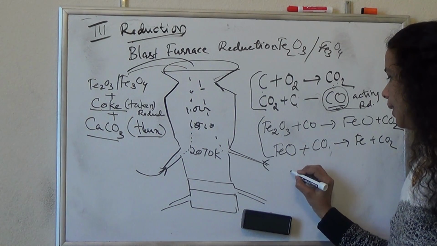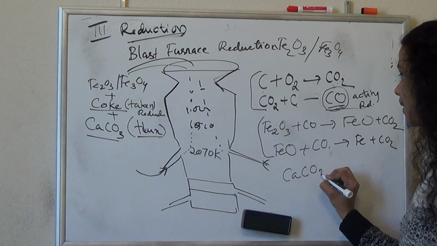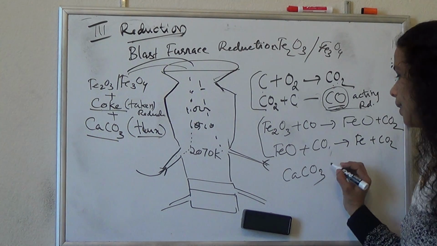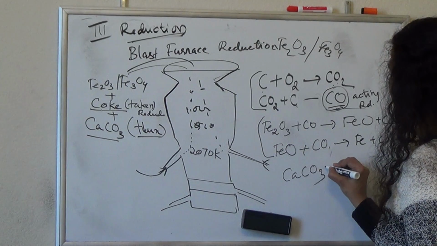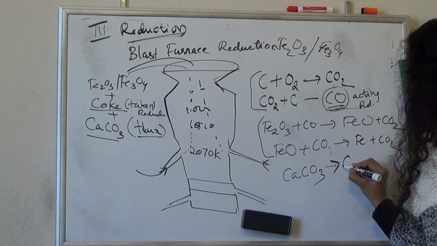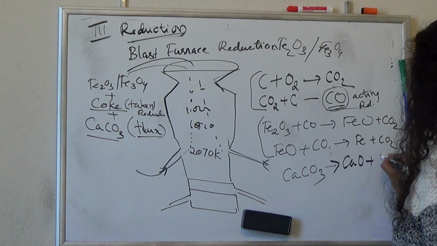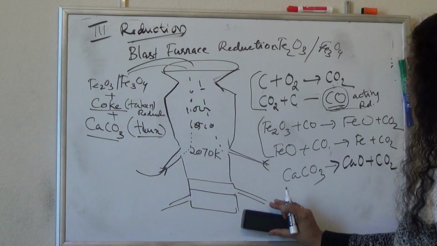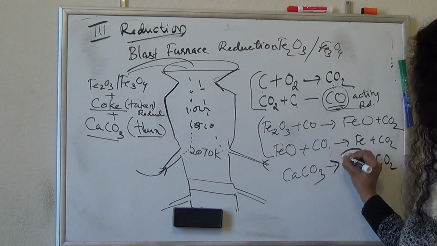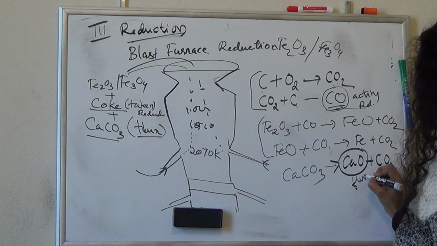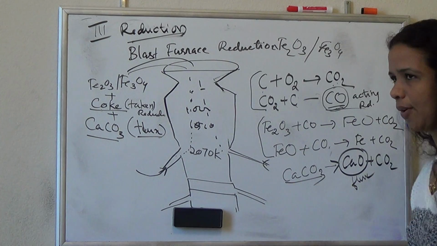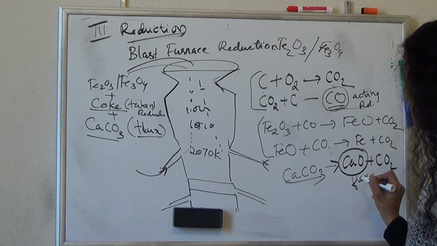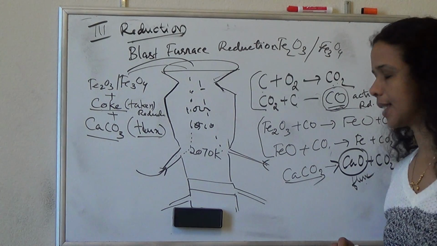Next, at high temperature calcium carbonate, which is thermally unstable, decomposes to form calcium oxide and carbon dioxide. This calcium oxide is acting as the flux. Actually we have taken calcium carbonate as flux, but the calcium oxide formed in this process acts as flux.